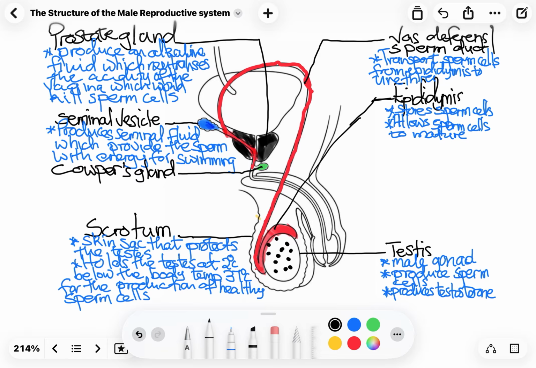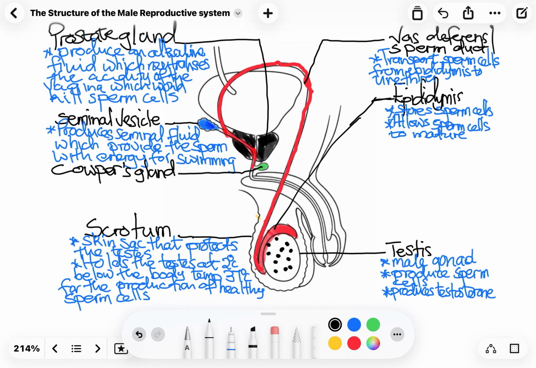Also, we can say that the secretions of the corpus gland also act as a pre-ejaculate fluid, which cleans and lubricates the urethra before the sperm cells come into the urethra.